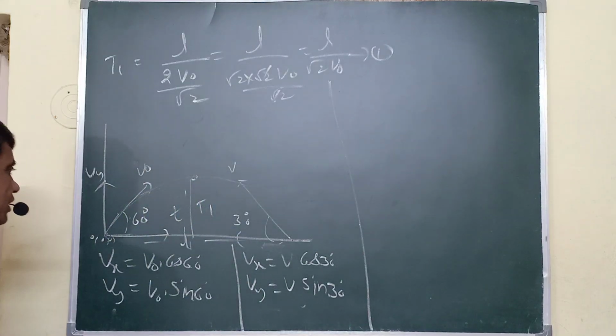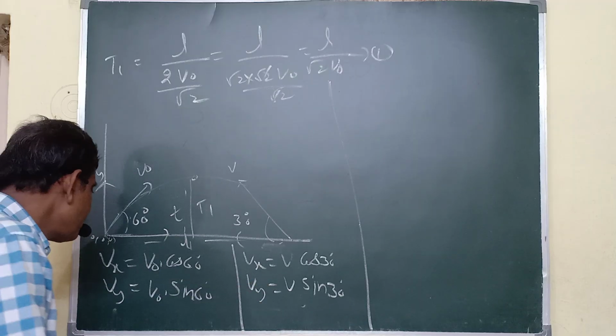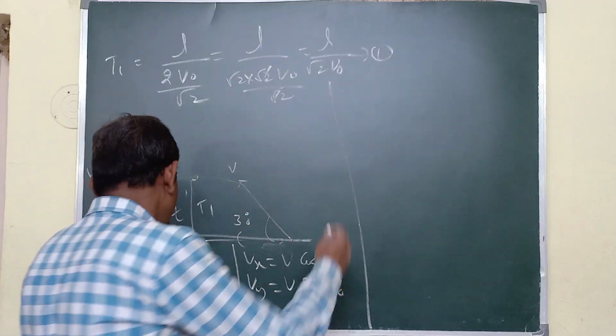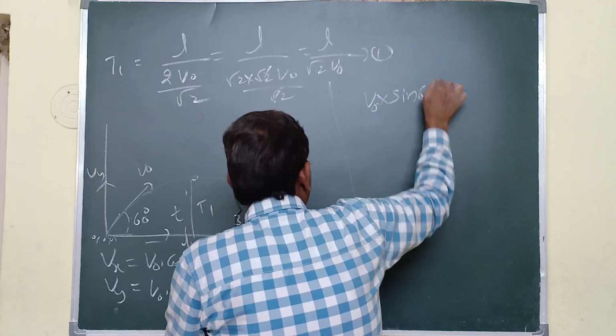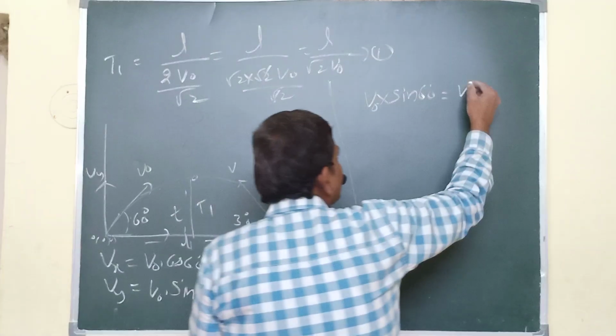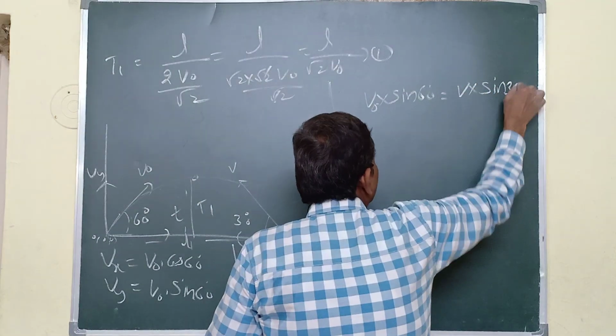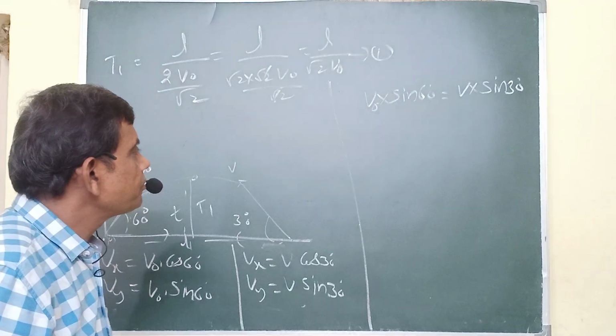Now I have already told you that in these cases the vertical components are equal. So this equals this. V naught sin 60 equals V into sin 30.